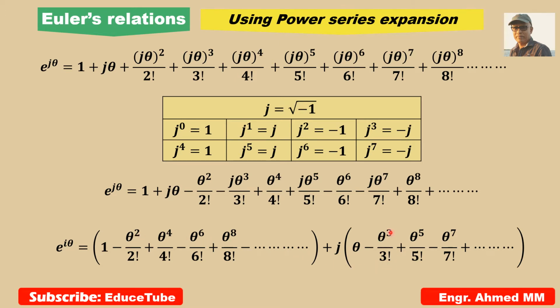But the powers 3, 5, 7 all have j. Look at j here, j here, j here. So we have to take out j as a common factor, and we get one series here and another series here. These two series we have to replace by cos theta and sin theta, as we will see in the next slide.